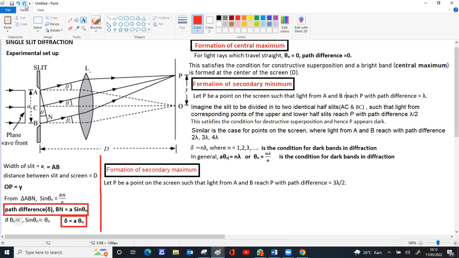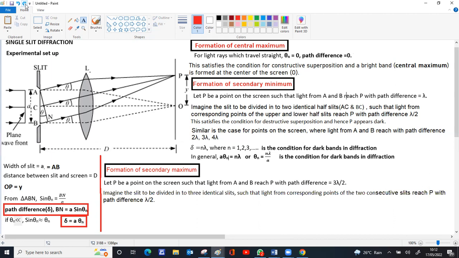We should imagine it in such a way that each section has lambda by 2. So for 3 lambda by 2, we imagine 3 identical sections for the slit. Out of the 3 identical sections, the first 2 sections' corresponding points will have path difference lambda by 2, so that the first 2 sections, 2/3 of the slit, get cancelled off. The intensity on the screen is only due to the last 1/3 of the slit, which is 1/3 of the intensity of the central maximum.